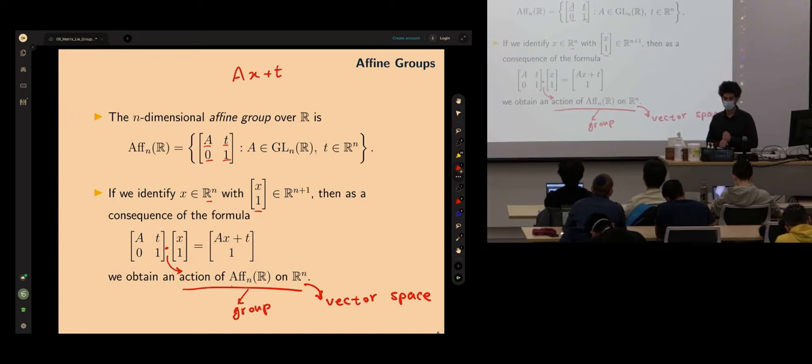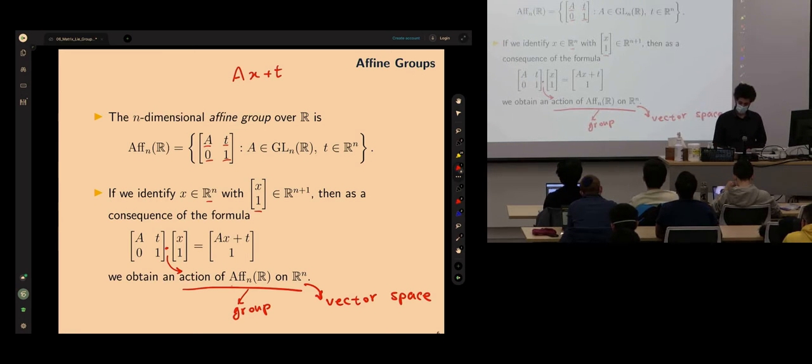Why would we want to define it such that once you take the product, the second row is 1 instead of 0? The question is, why do we want to construct this matrix such that we have 0 and 1 here? Or, because you can rewrite your matrix such that you end up with just x plus t.